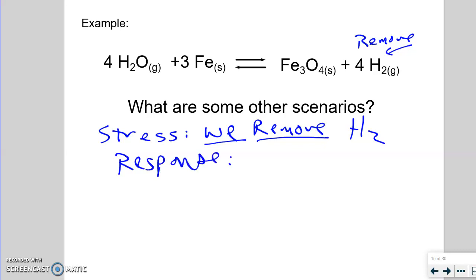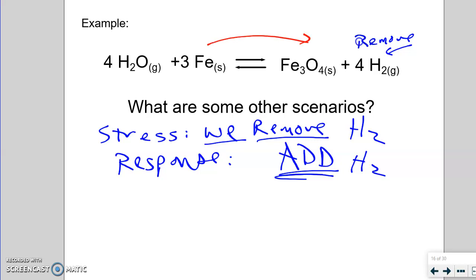What is the opposite of remove? Add hydrogen. So hydrogen being a product, hydrogen being on the right, means that this reaction is going to favor going to the right. So in this example, we're going to make more hydrogen.